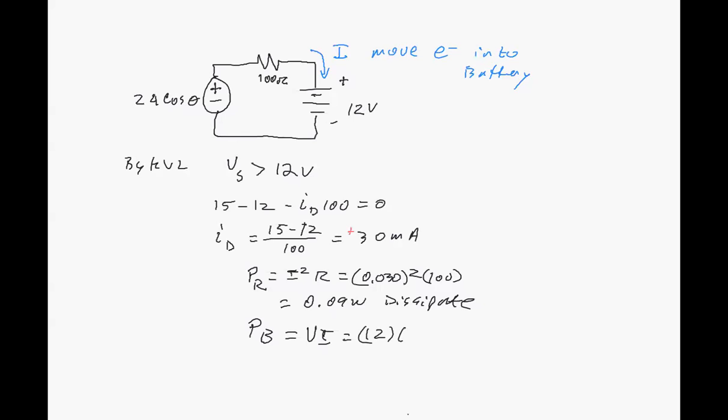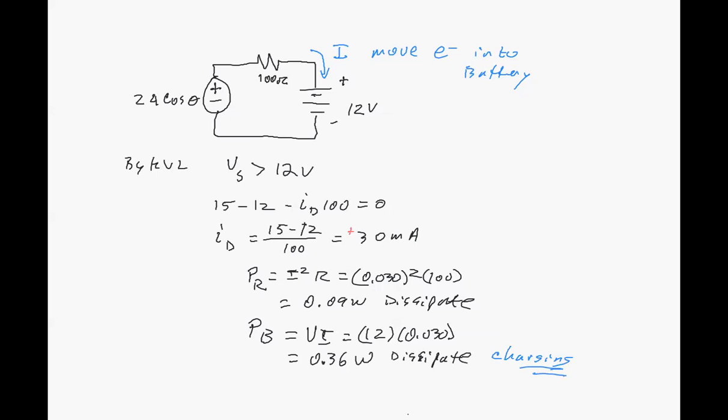So 12 times 0.030 works out to 0.36 watts, or 360 milliwatts. It's a positive sign again, so that's all good. We are charging the battery. That's exactly what we want to do.